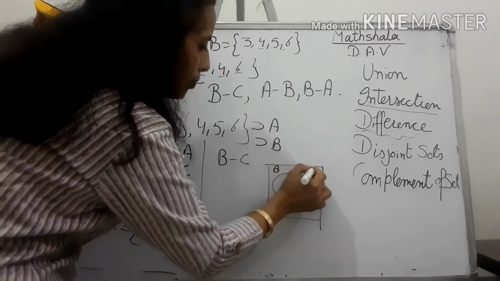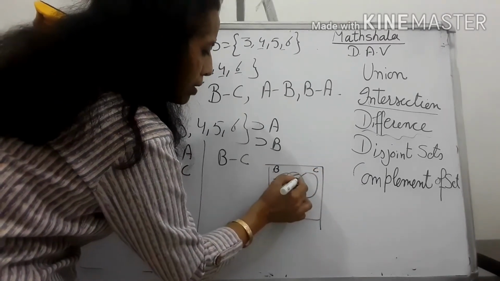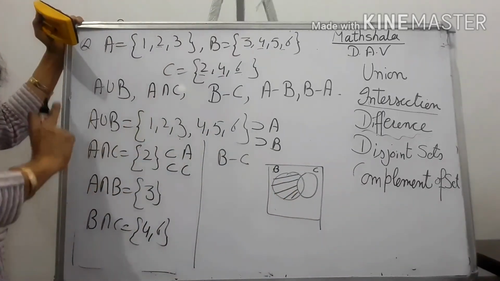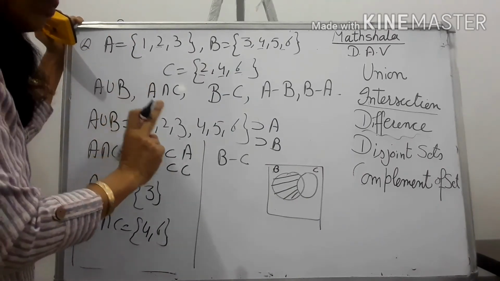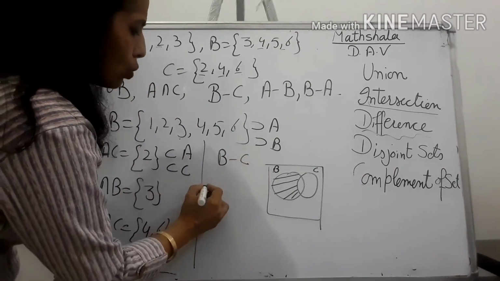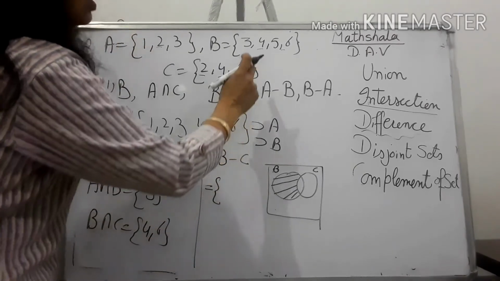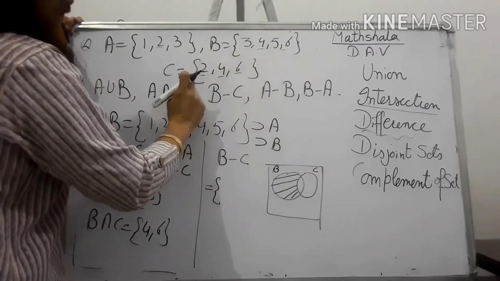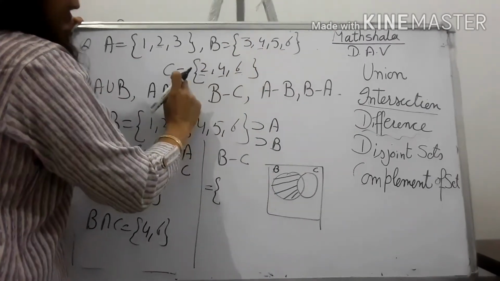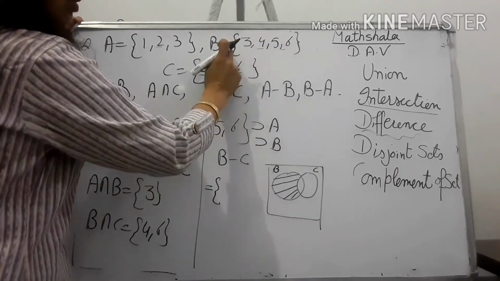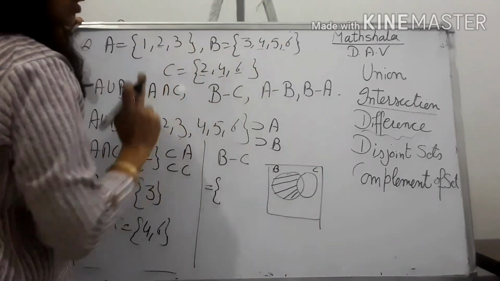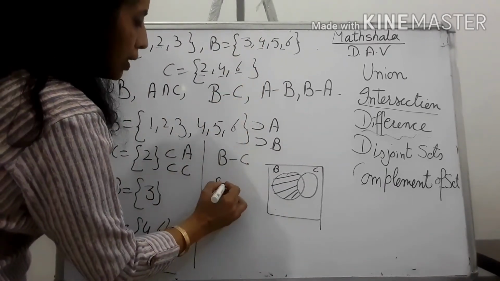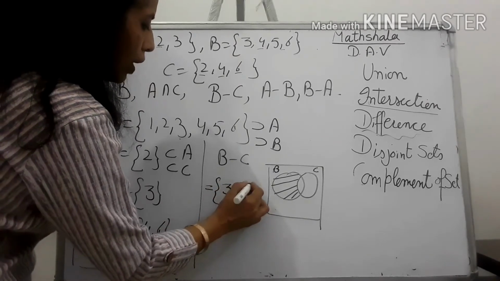If this is B, this is C, B minus C is this portion, meaning those elements which are in B but not in C, only in B. Which elements are in B but not in C? 3, yes, it is not in C. 4, no, it is there in C also. 5, yes, it is not there in C. 6, it is there in C. So the elements left in B minus C are 3 and 5.